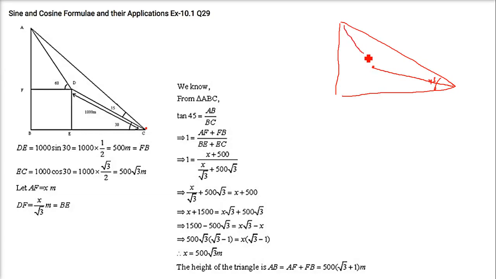Now he watches it and the angle of elevation becomes 60 degree, right? This is 60 degree. So we have to find out the height of this, you can say the triangle side AB or whatever is given in the question. So this is AB, side AB we have to find out.